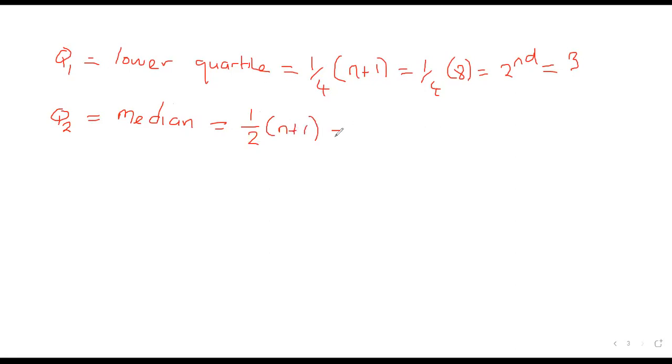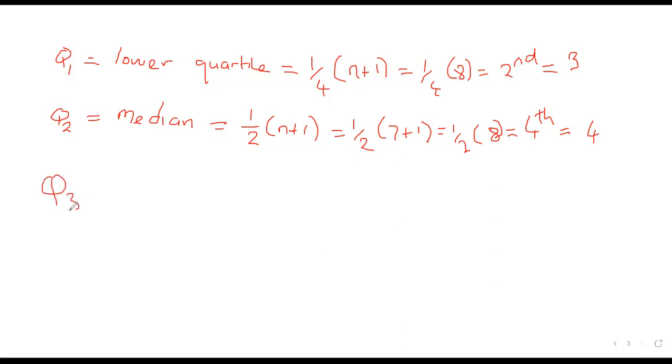And n is the number of elements we have. So our number of elements is 7. When we add 1 to the 7, we got 8. The half of the 8 was 4. The fourth position we found coincidentally was 4.